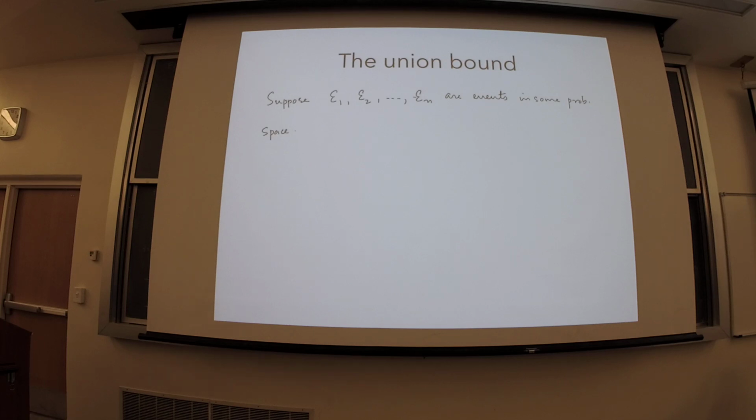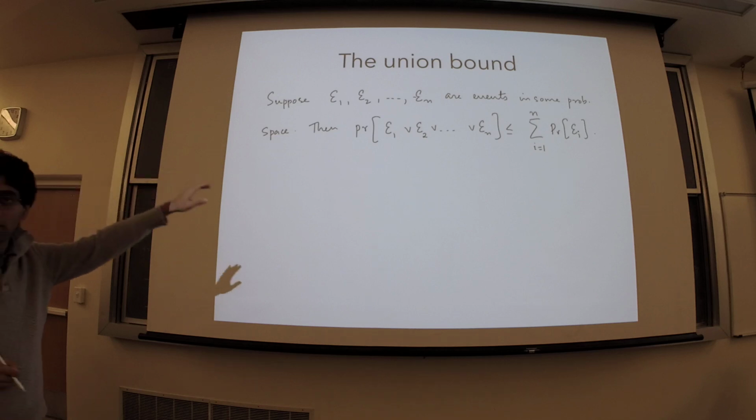Then the probability of the event E1 or E2 is less than or equal to the sum over the probabilities. This fact is known as the union bound.